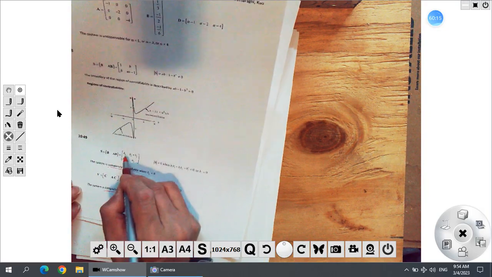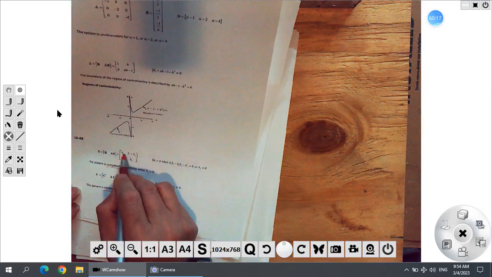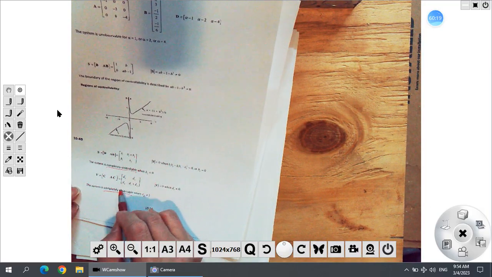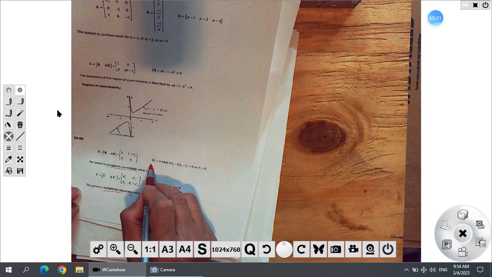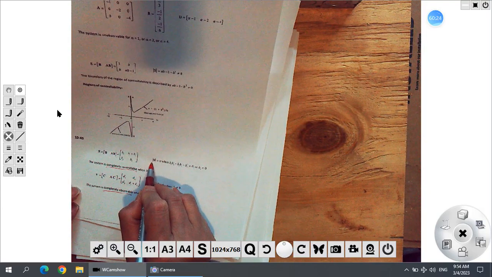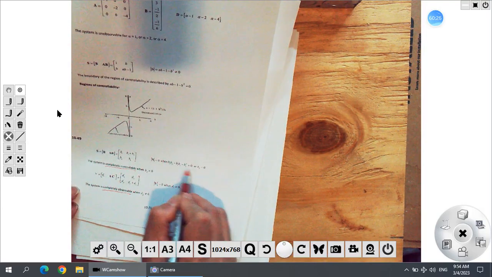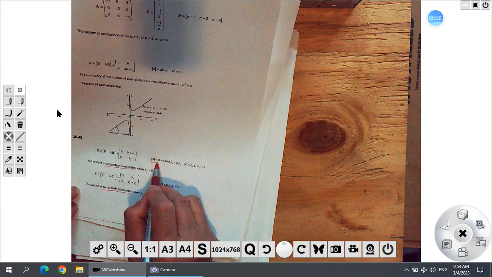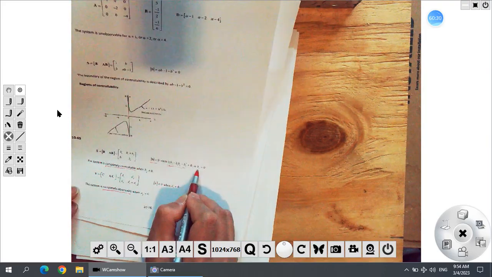This matrix, they contain some parameters. We want both are controllable, and then we need the determinant not equal to 0. So we need to remove. When this is 0, we can find this equal to 0 or this equal to 0.